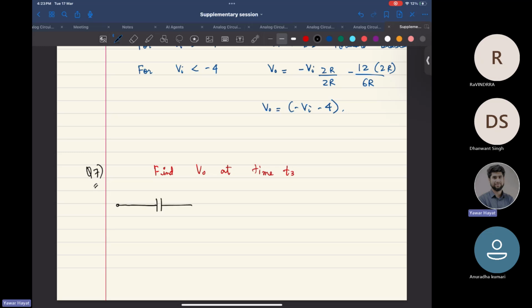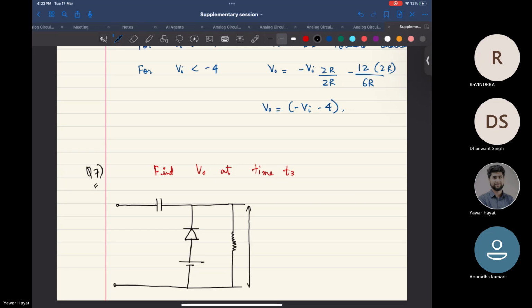You'll have a capacitor, a diode, a battery, a resistor. You have R, you have 2 volt, you have 1 microfarad capacitor, you have Vi.